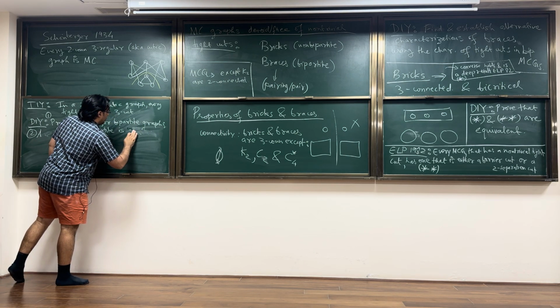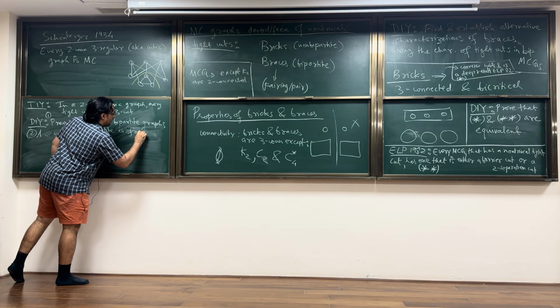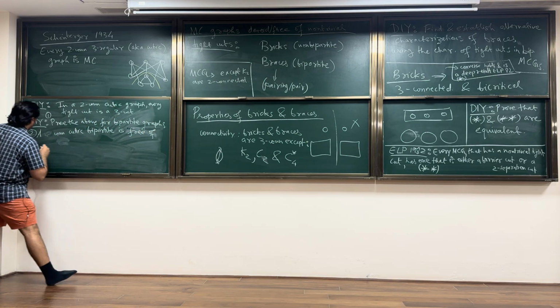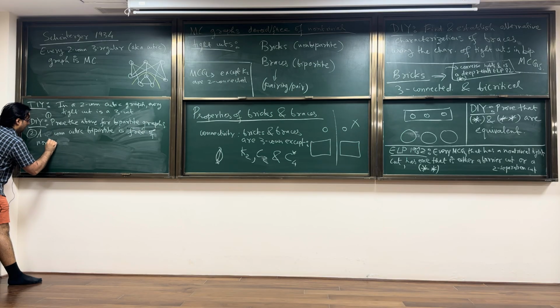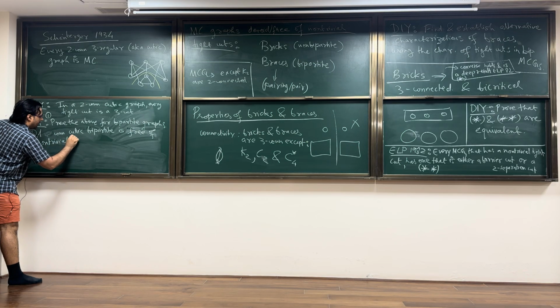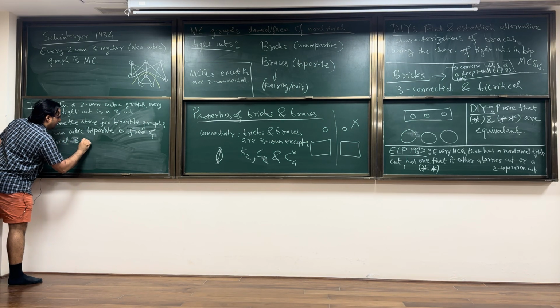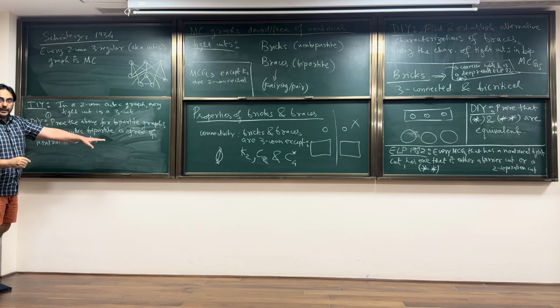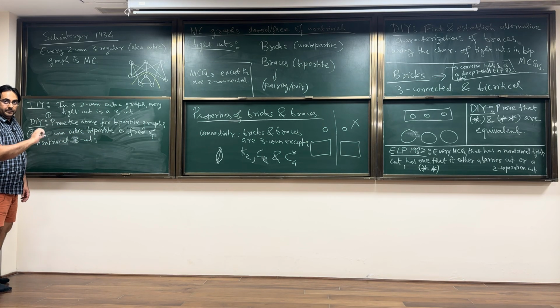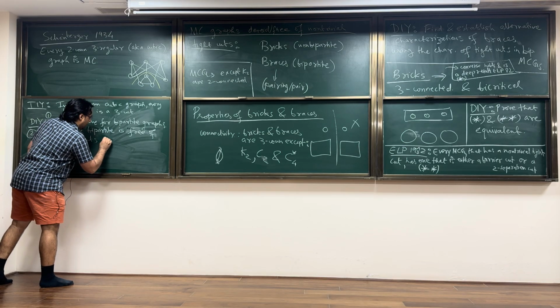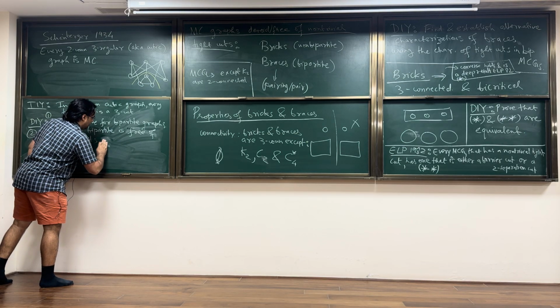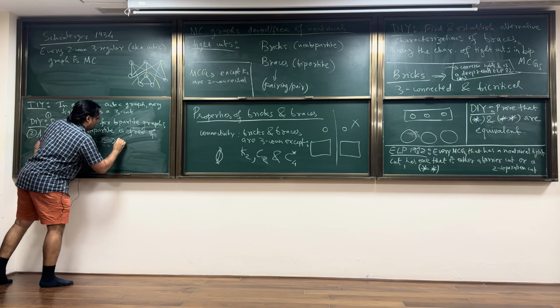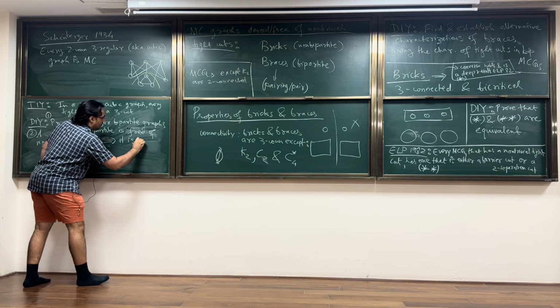A 2 connected cubic graph that is free of non-trivial 3 cuts, then it is a brace. Turns out it is if and only if. So if and only if it is a brace.